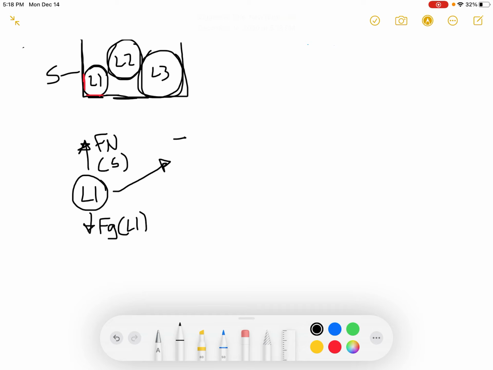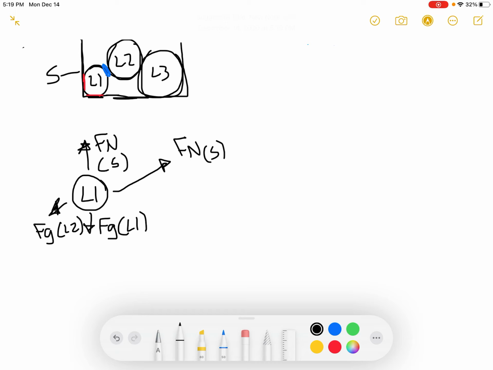There's another force though, one more. If you noticed, right here, log 2 is resting on log 1. So there's going to be a gravity force, not down, but in this direction, from log 2. So that is the free body diagram of log 1.